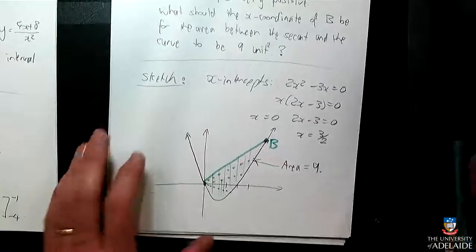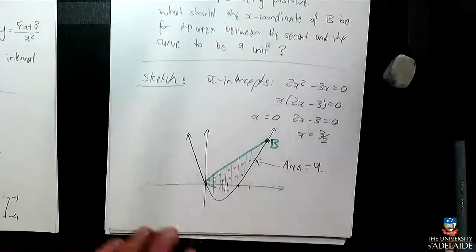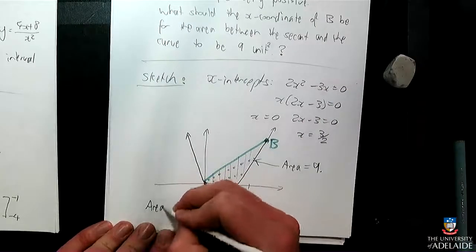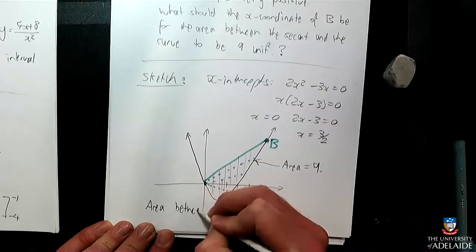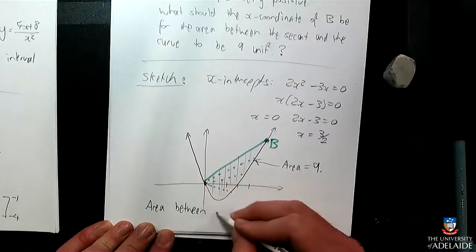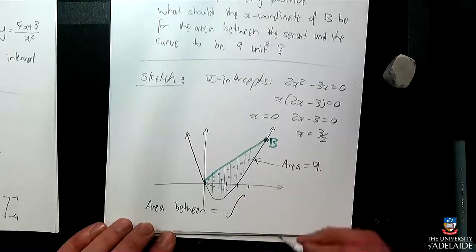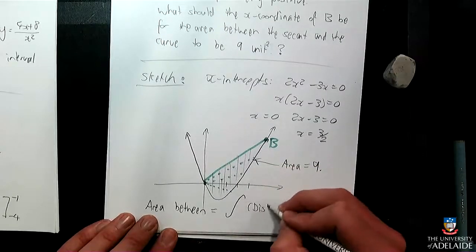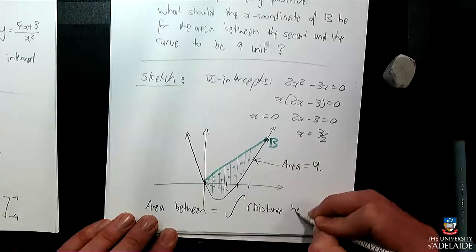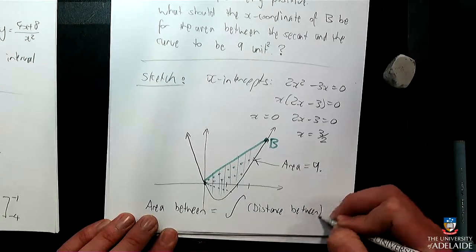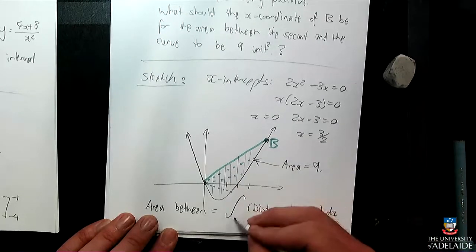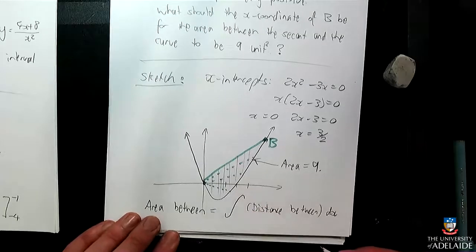So I'm actually going to write that down. The area between is the integral of the distance between them on the zone that they are.